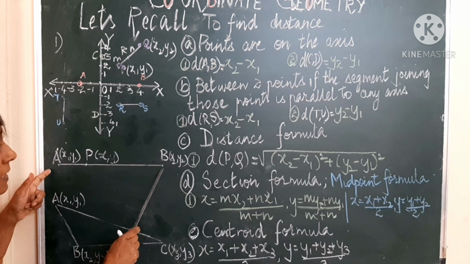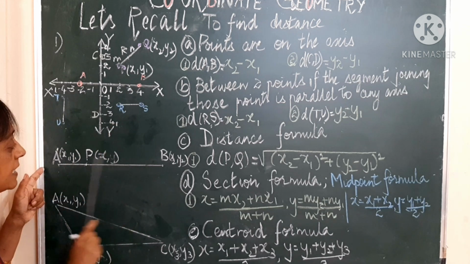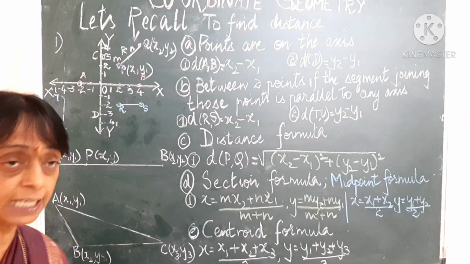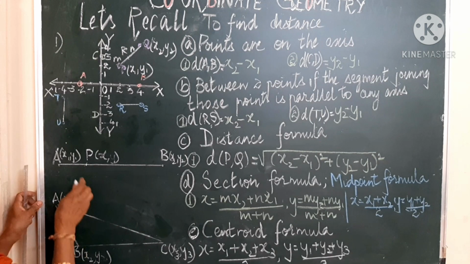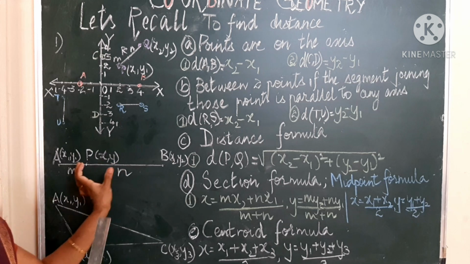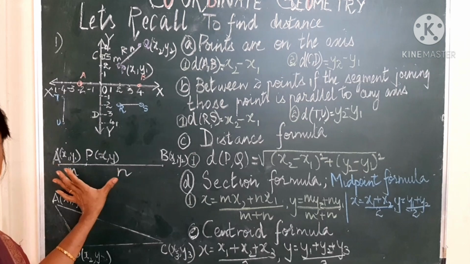This is a segment like your segment PQ, where point P divides this segment in any plane it can be located or positioned in, but it is divided by point P in the ratio of m:n. Then how do you calculate the coordinates of that point which is dividing that particular segment?